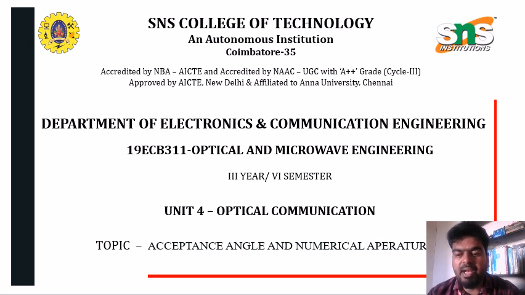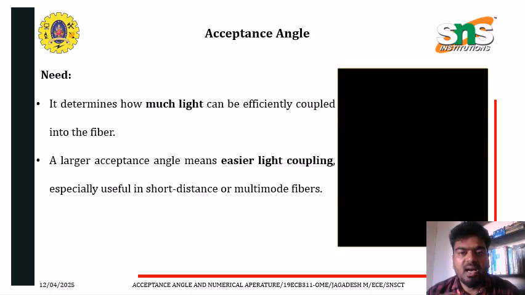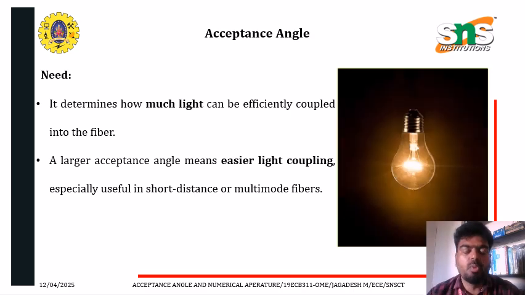So first, before getting into the topic, let us see the need for the acceptance angle and the numerical aperture. What is acceptance angle? Why is it needed when you are considering optical fiber communication? In the name itself, you can understand that it's an acceptance angle. That means how much light the fiber is able to couple for communication. That is called an acceptance angle.